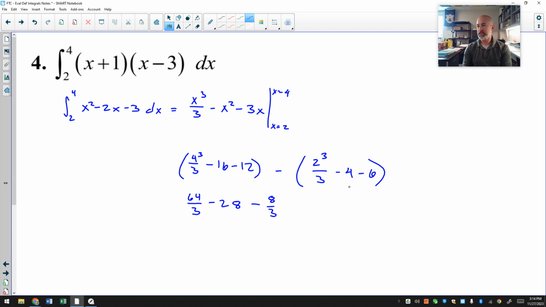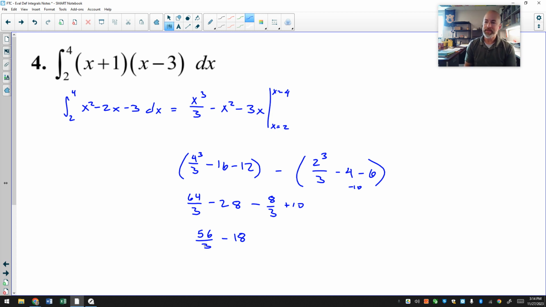Negative 4 minus 6 is negative 10, but I'm subtracting that negative 10, so plus a 10. And I'm going to combine what I can for as long as I can. 64 minus 8, I can combine my fractions. That's 56 thirds. Minus negative 28 plus 10. That will be a negative 18.